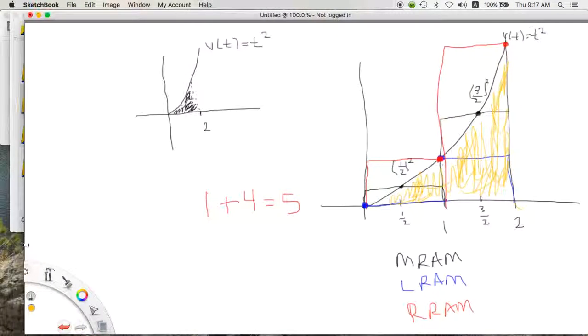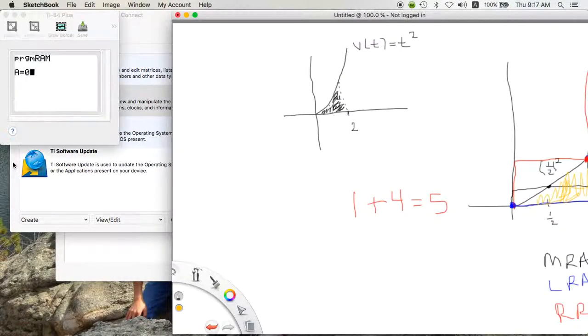Then the number of sub-intervals. That's how many rectangles do we want? Let's try it with 10 rectangles, because 10 rectangles would give us a pretty good idea. Then you hit enter, and it'll tell you what the area is with a left-hand approximation, a midpoint approximation, and a right-hand approximation for the height.